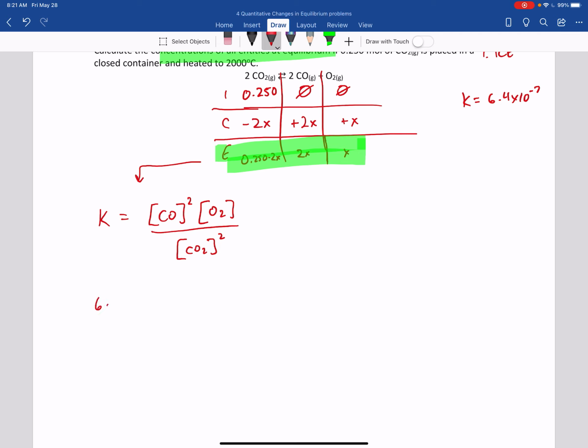So when we substitute in our equation here, what we notice is we're going to get a very complex term, actually. 2x squared times x. You might see that it's starting to be a cubic function. 0.250, take away 2x, and that will be squared in this case. So we have a fairly complex scenario forming, right?